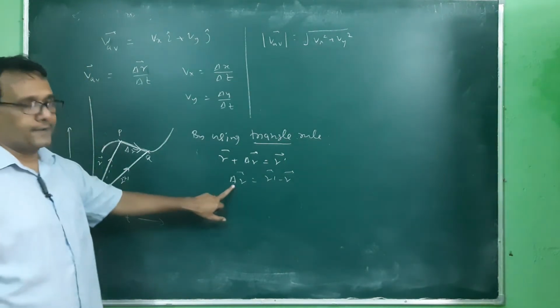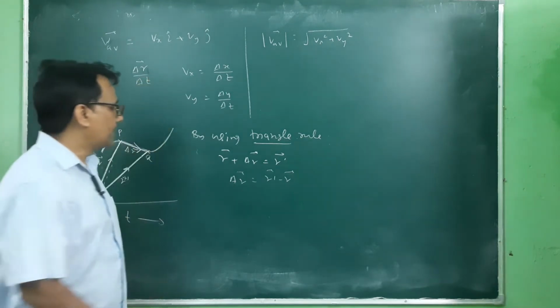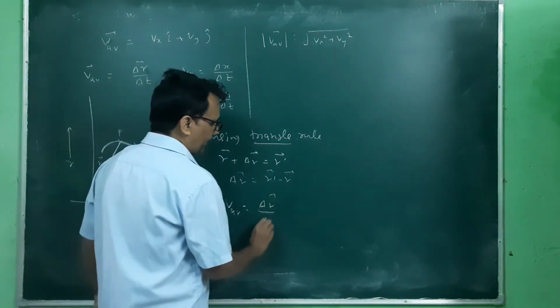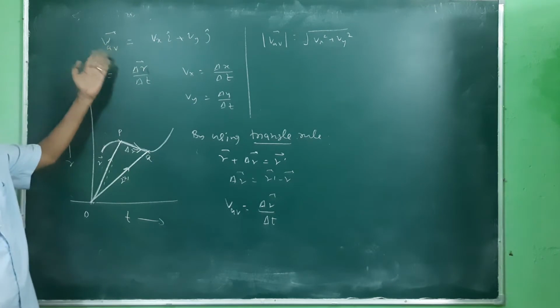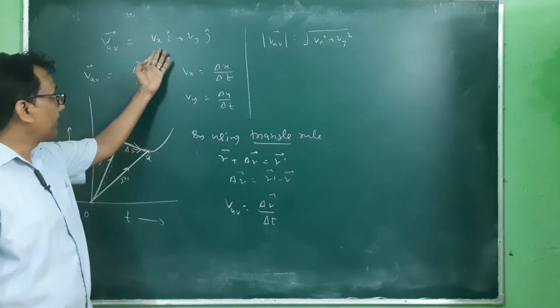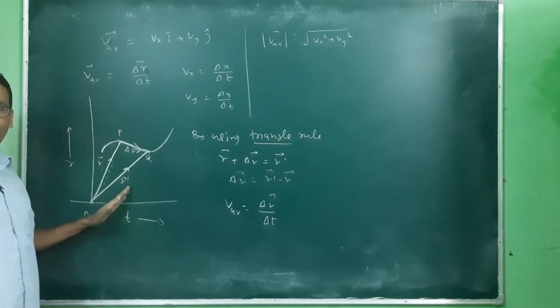And now by using this, we calculate average velocity. This average velocity V average is equal to delta r by delta t. This average velocity is further extended like this, where we have calculated Vx and Vy by taking the components of r and r prime.